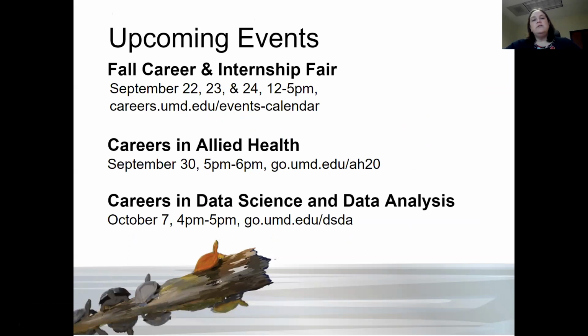You can go into the events calendar and see the links to sign up and say that you're attending. Once you say you're attending, you can actually see the employers that are attending each day. So you'll know who's coming and which day you want to make sure you're there and who you want to target. And then there are some other events coming up for the rest of the semester, which are going to be here before I know it.